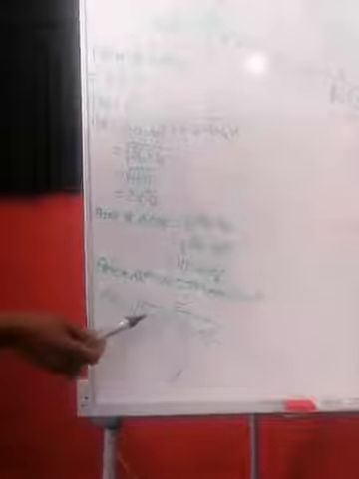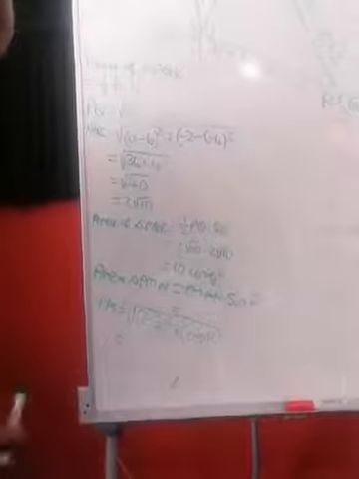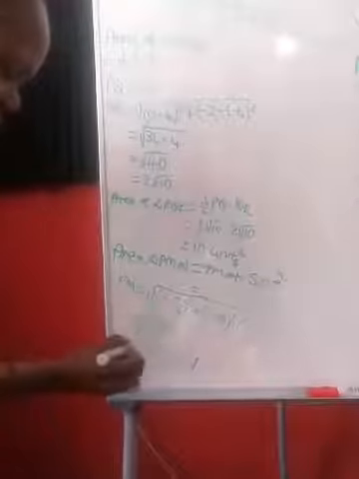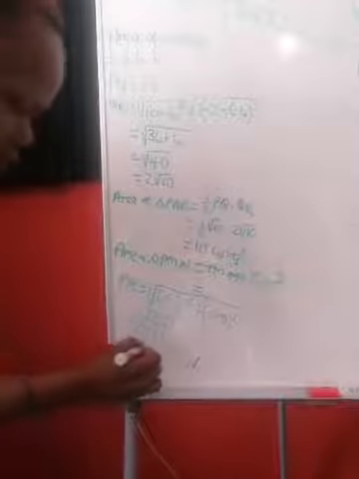So the length of PM will be 1 minus 2 over 3, which is 1 over 3, squared. That will be 1 over 9, plus 1 minus 0 squared, which is 1. The square root of that gives us the square root of 10 over 9 units, which is the length of PM.